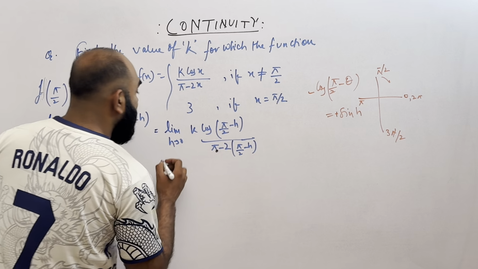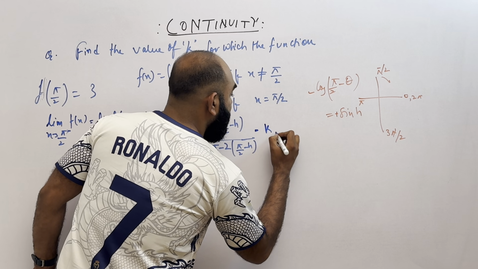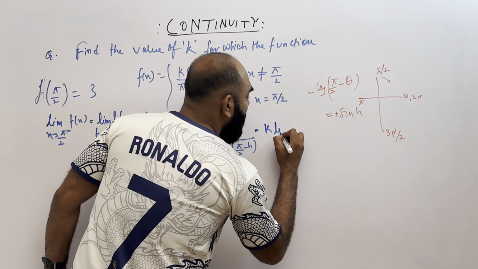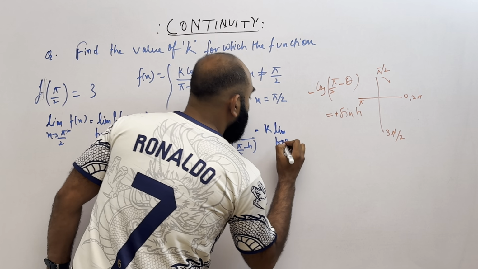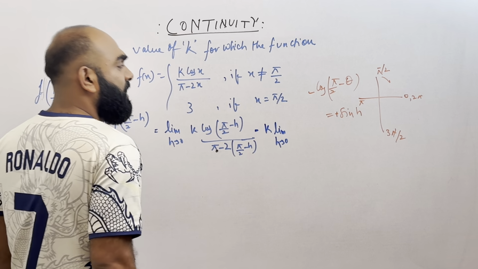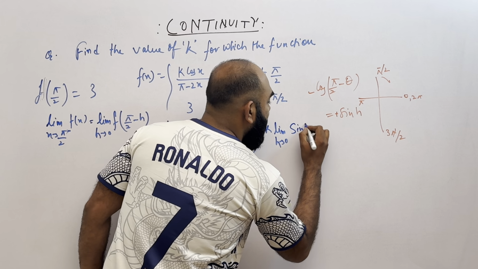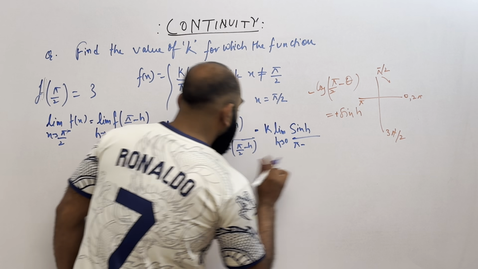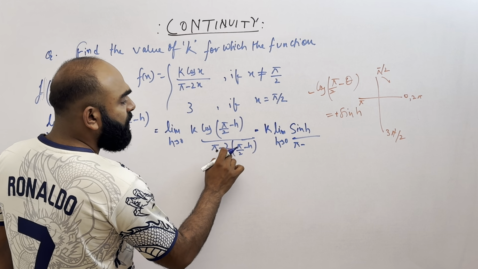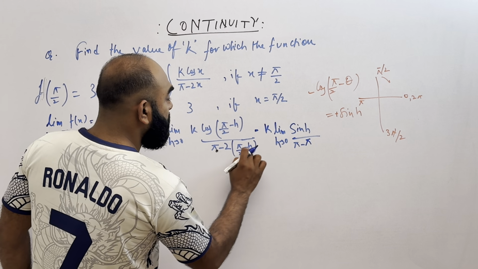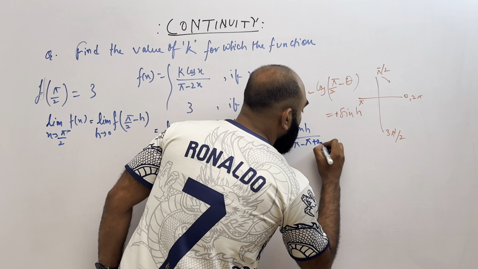Sir, here you write, k times of, okay, this k I have taken outside, limit h tends to 0, cos pi by 2 minus h, sir, sin h, yes, sir. Sin h divided by pi minus, now 2 into pi by 2. Sir, 2 cancel, we have pi only. Very good. Minus plus, so plus 2h.